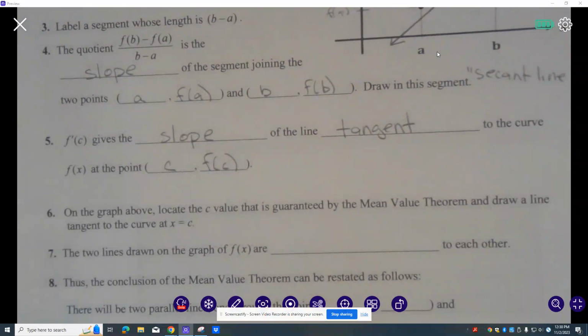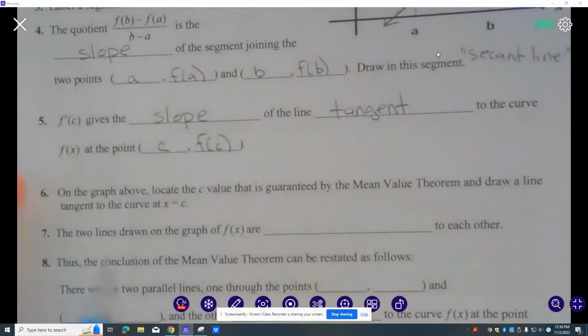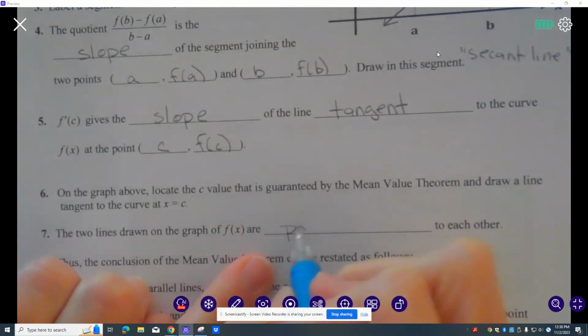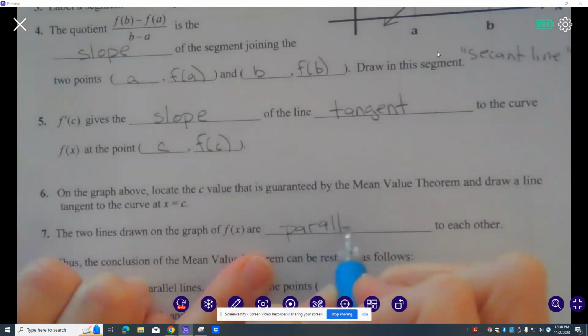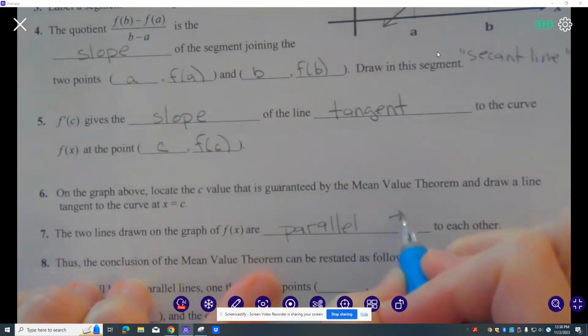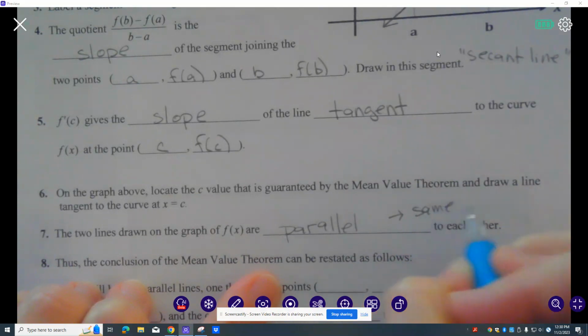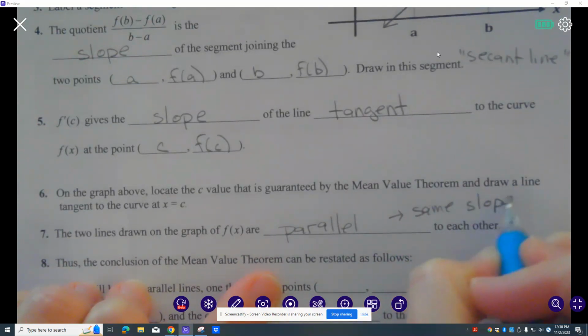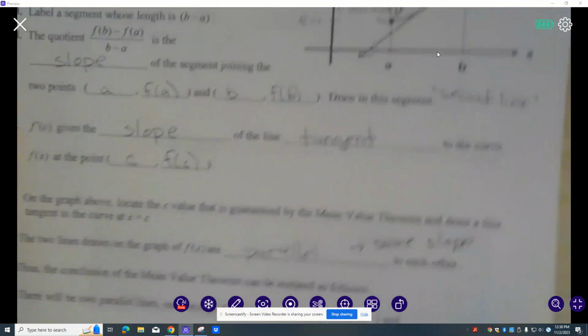Scroll back down here. Okay, now this is the big thing of the mean value theorem. The two lines drawn on the graph of f of x are parallel. And then remind yourself, parallel lines have the same slope. So I'm just going to go up here and show you what mean value says.